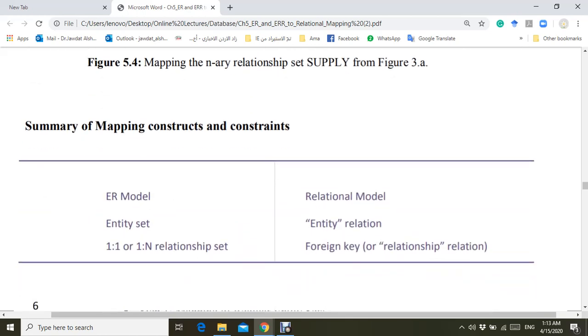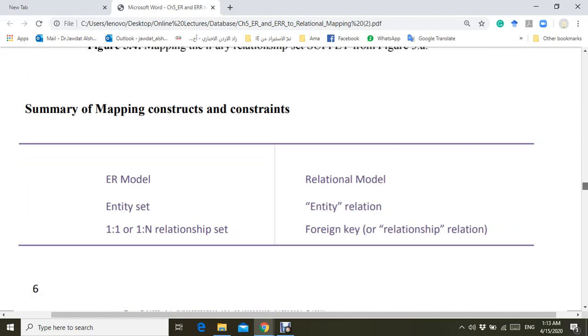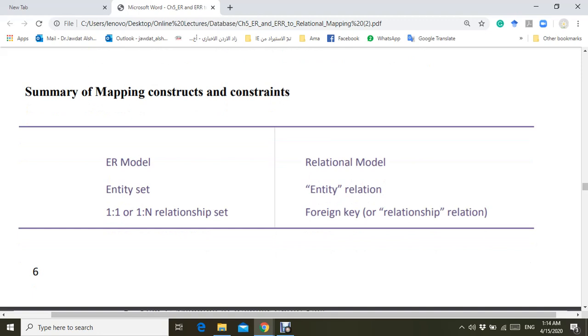So mapping in general, a summary of all these things: in the ER model we have entity sets, for example department, employee, project. These strong entities will become relations.